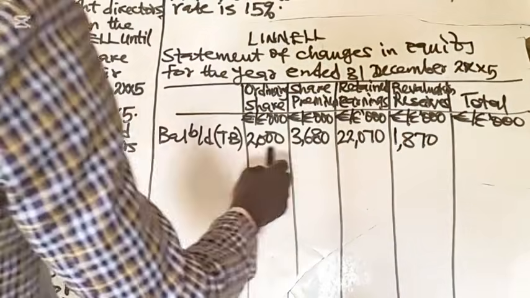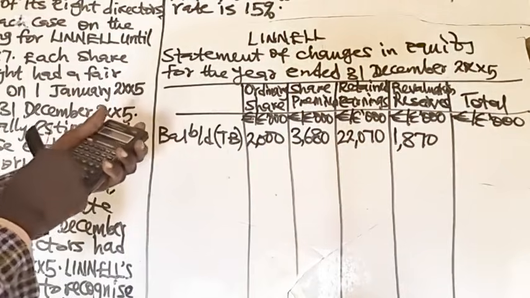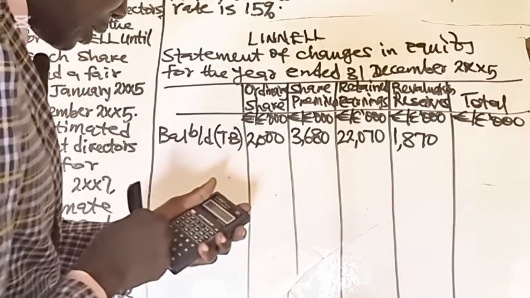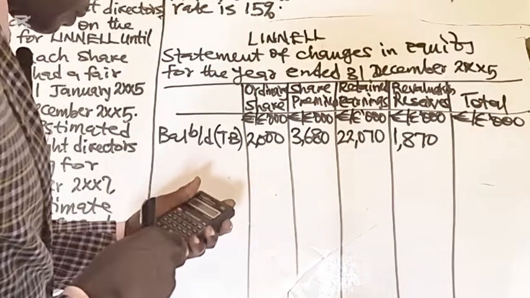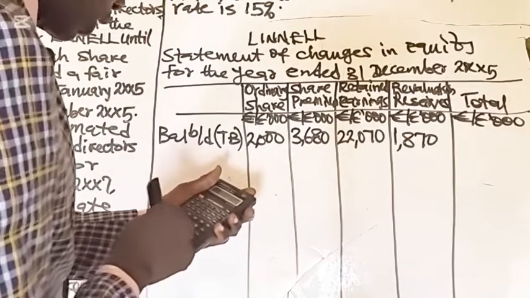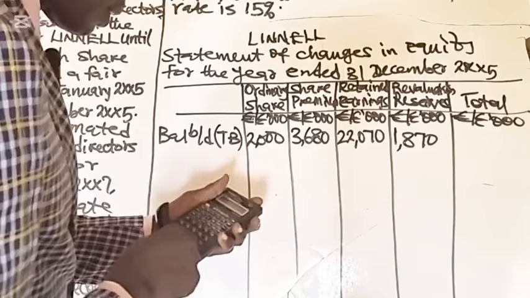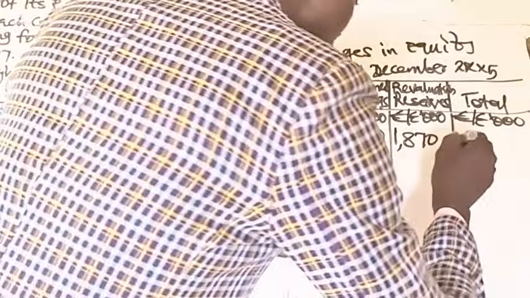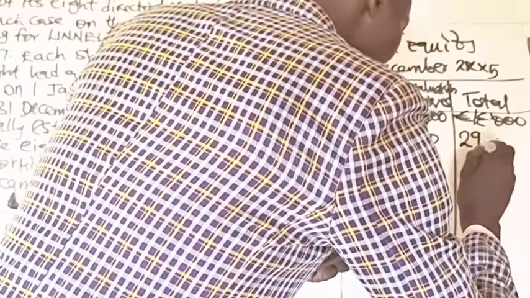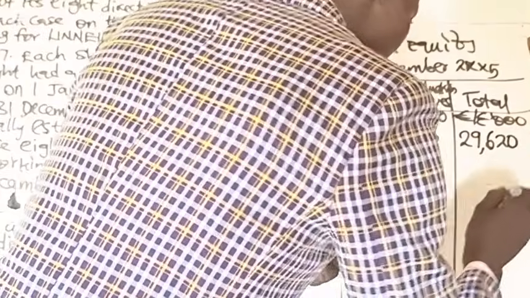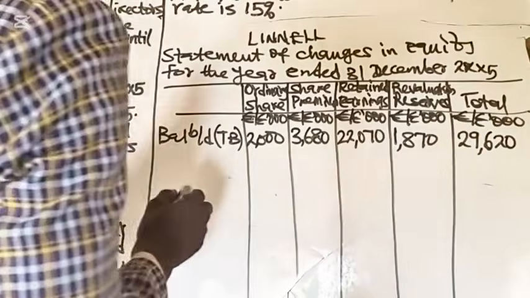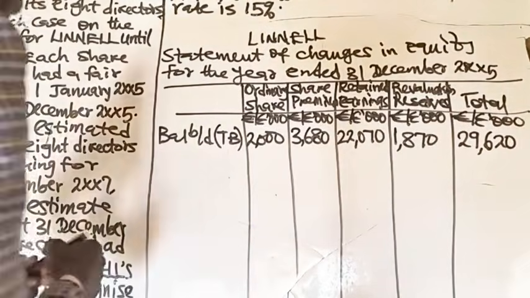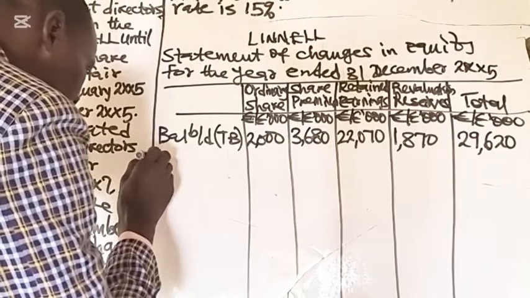Now, let's sum up these items. Plus 22,070,000 plus 1,870. We have 29,620,000.